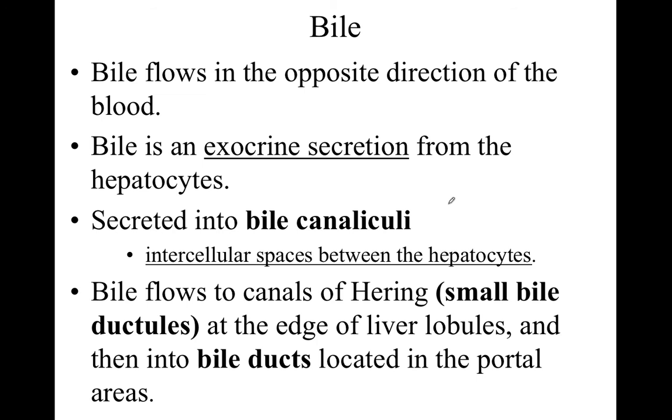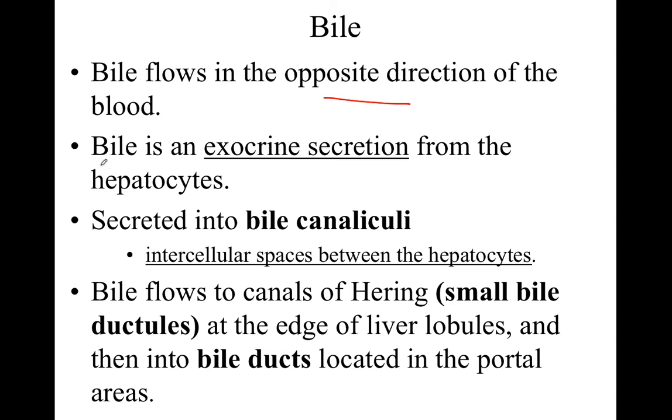The bile flow is opposite to the direction of the blood. The blood will flow from the periphery of the classical liver lobule, from the portal area or the triad, toward the central vein. Here it will be the opposite, from the central vein toward the portal area.